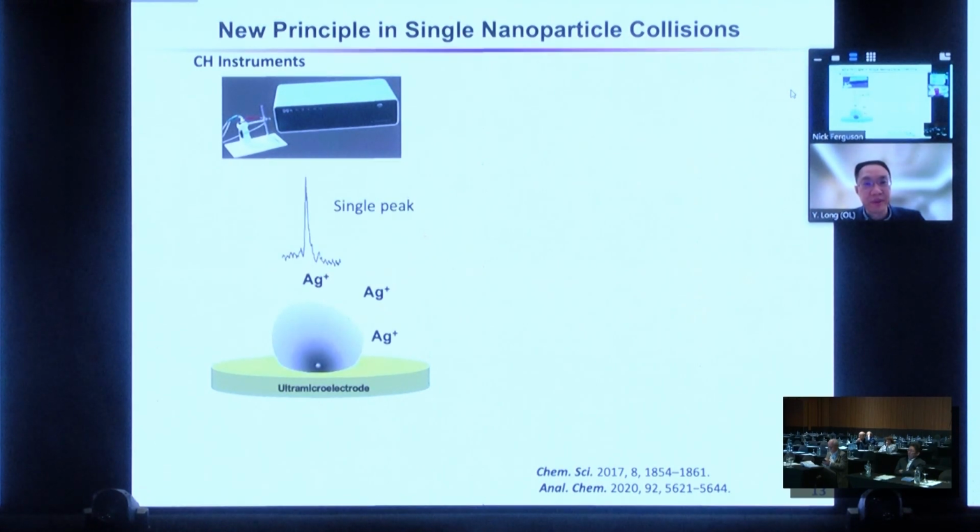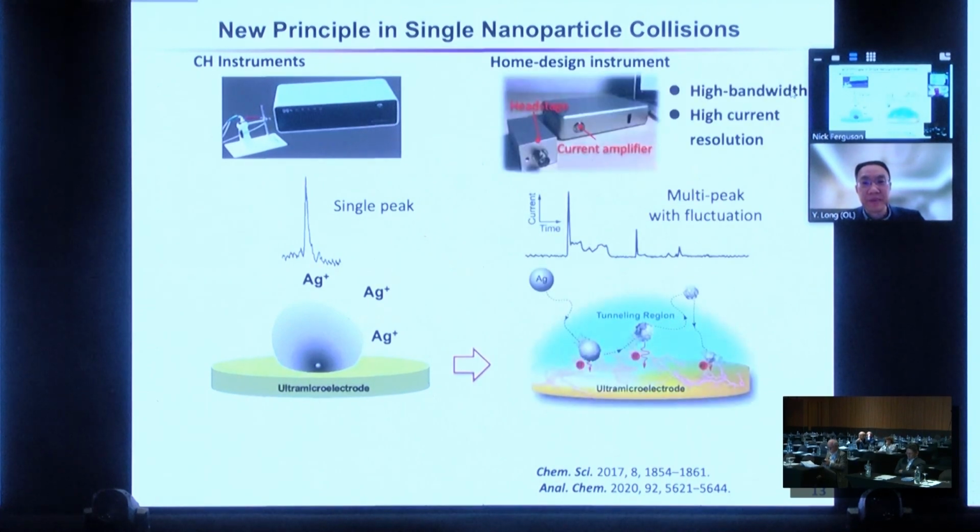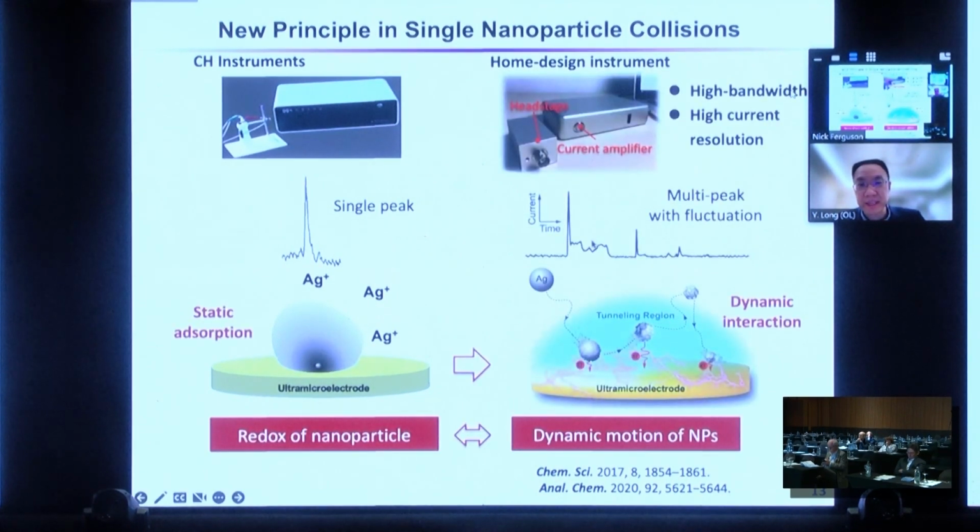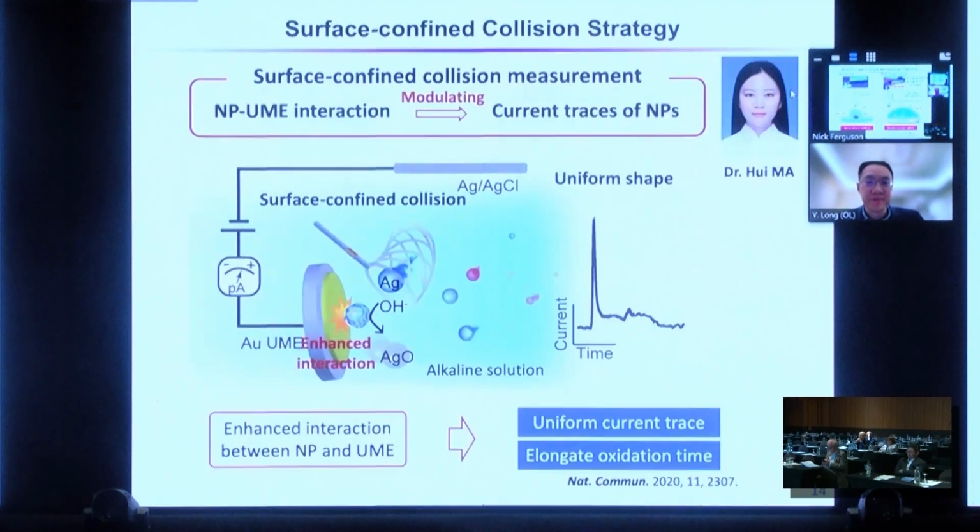In the commercial one, we can only get a single peak, but for our measurement, we can get multiple peaks for the same electrochemical system. So we confine on the surface, we can confine the collection measurement, using the generator and collector electrodes.